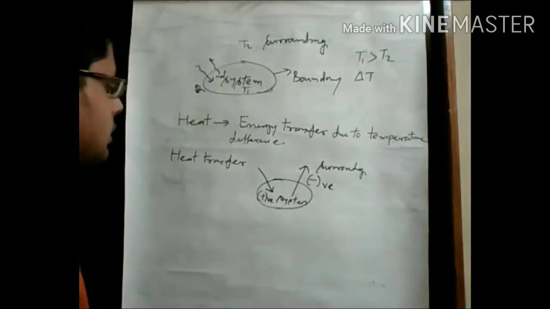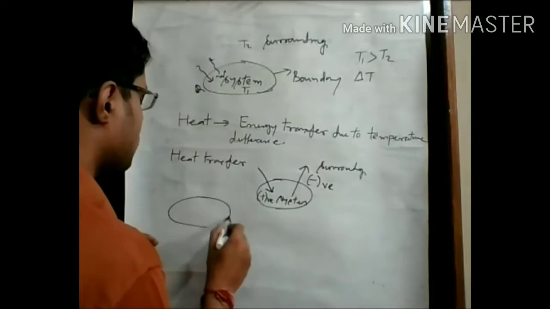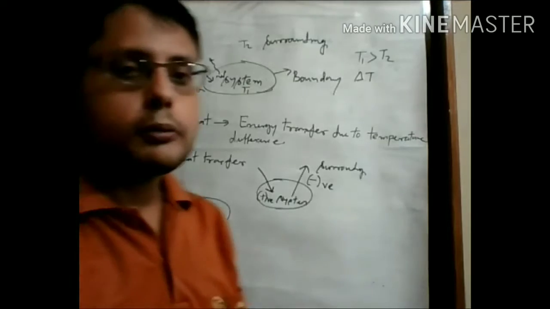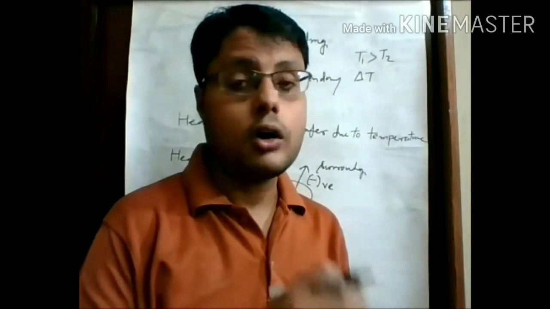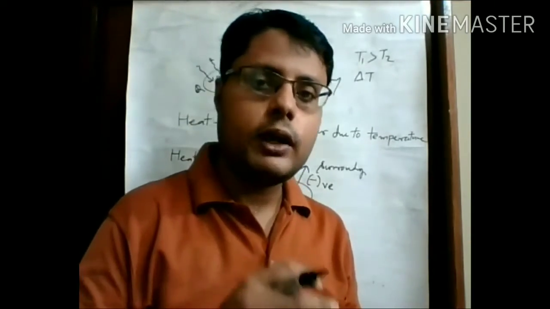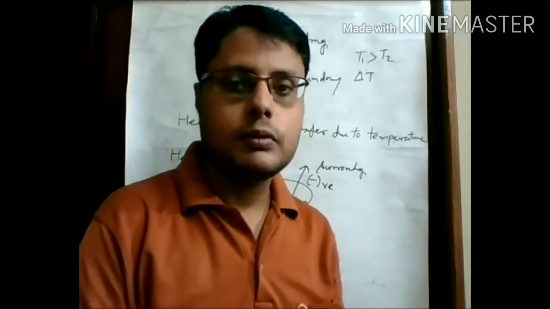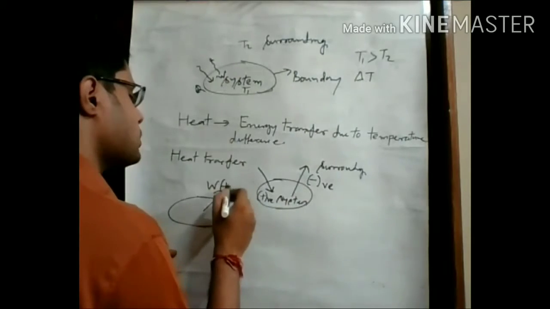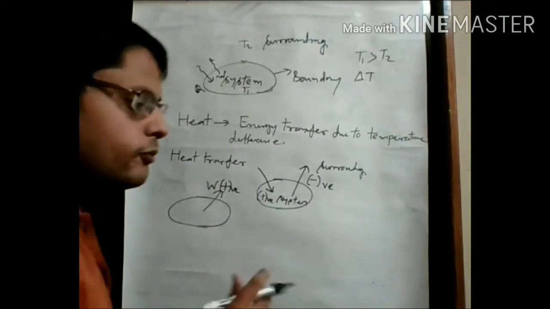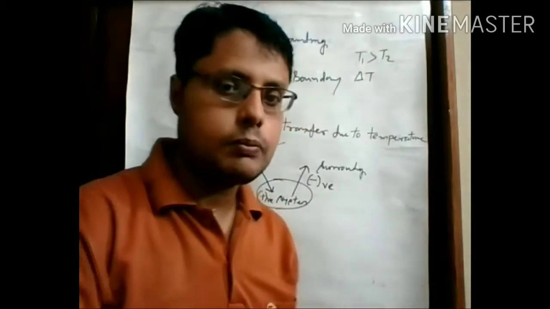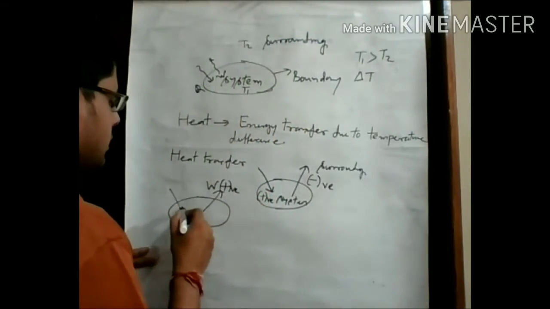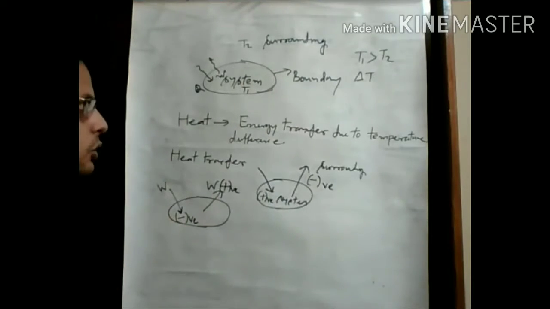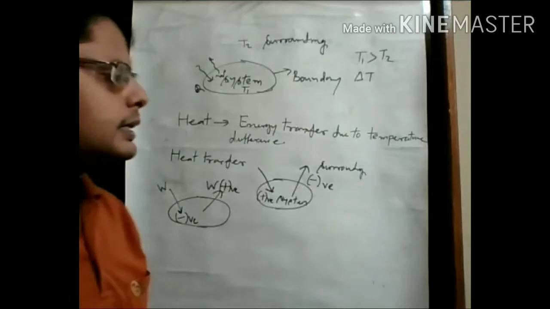Like that, in work transfer, if work is done by the system on the surrounding, then W is positive. And if work is done on the system, then W is negative. So that's all about heat transfer.